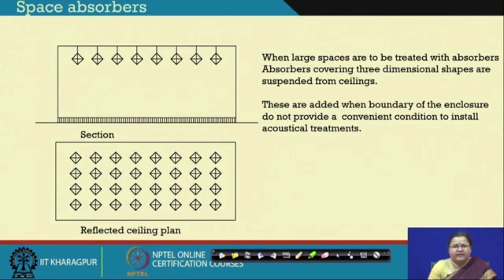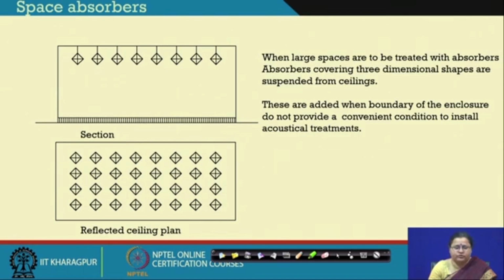So, we have walls all around, maybe they are not sufficient or they are not to be covered by absorbers, because people may be moving in and out through these openings along the walls. So, in case of such spaces, we can actually adopt something hanging from the ceiling apart from treating the ceiling.